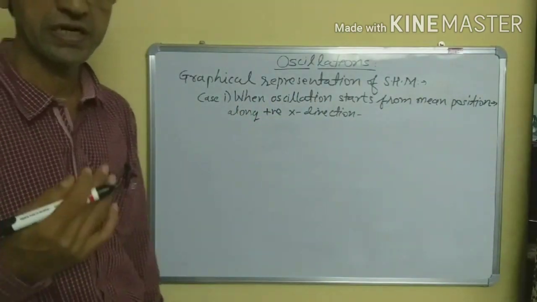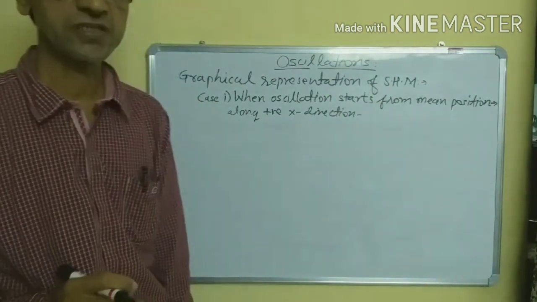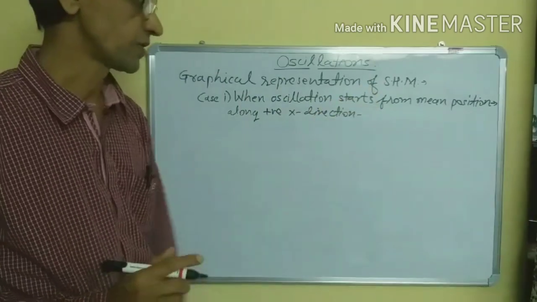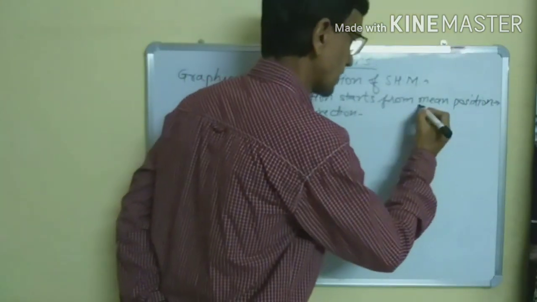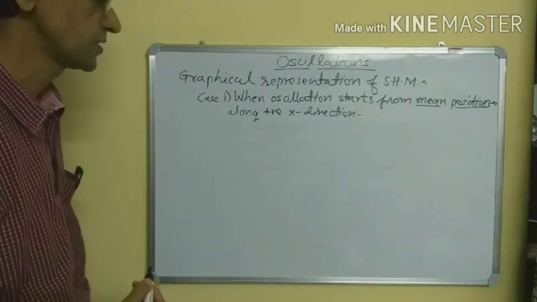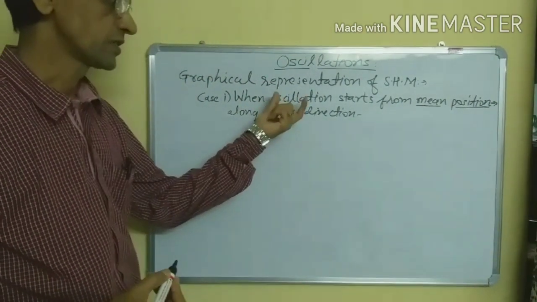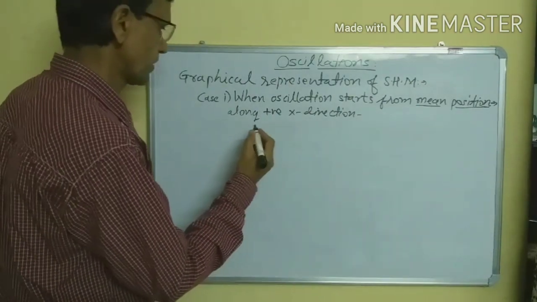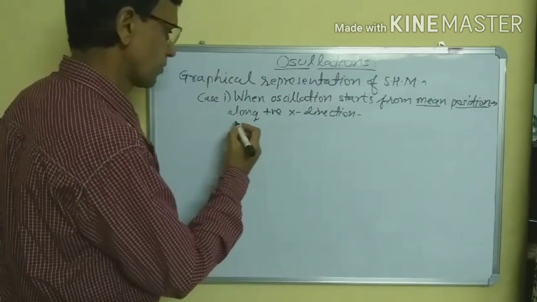We have studied two expressions for displacement: when the particle starts from mean position and when the particle starts from extreme position. Our first case is when oscillation of the particle starts from mean position.